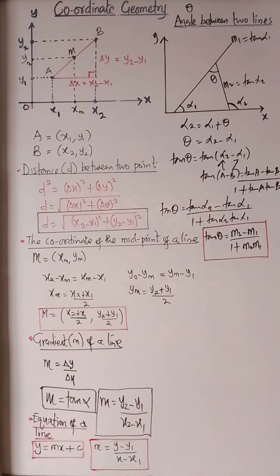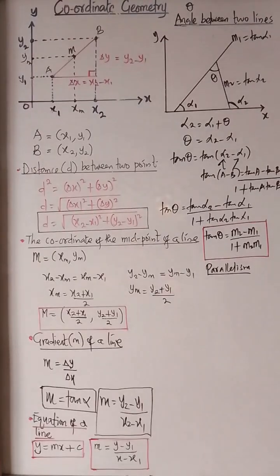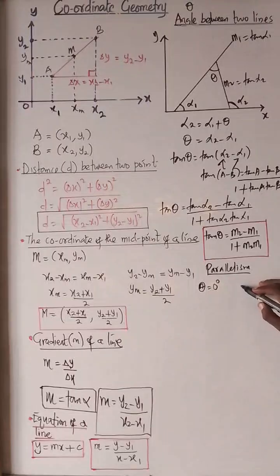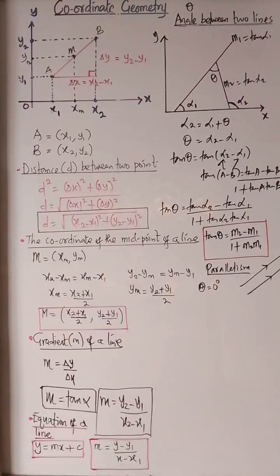So suppose the two lines are parallel. When two lines are parallel, the angle between them, theta, is 0 degrees. Meaning if this is the first line, this is the second line, they will never meet, so the angle between them is 0. Let's suppose this one is m1, this one is m2.